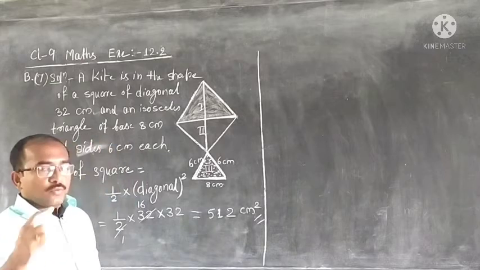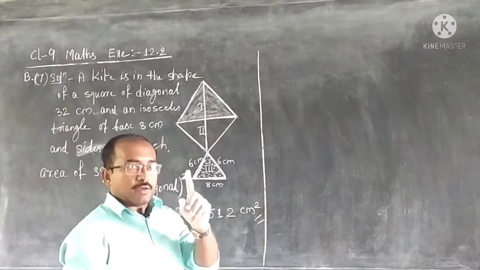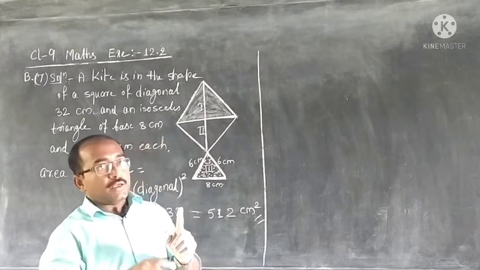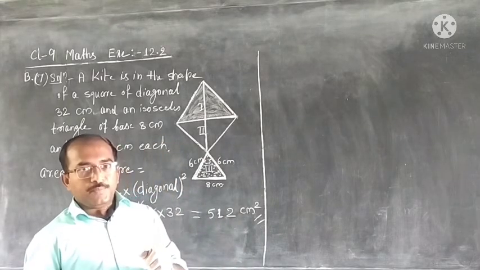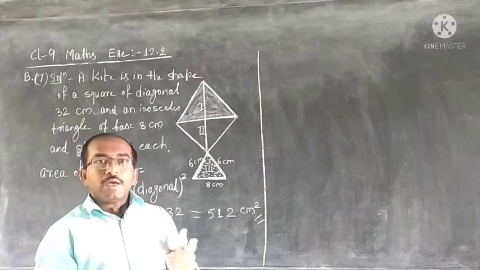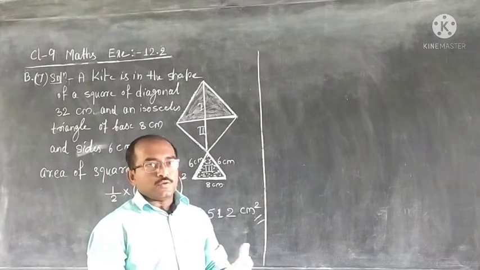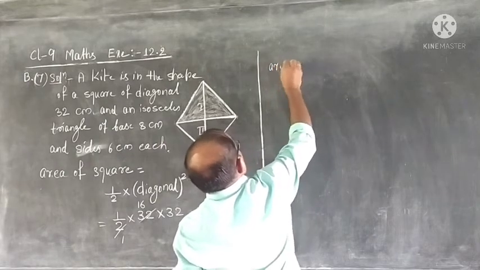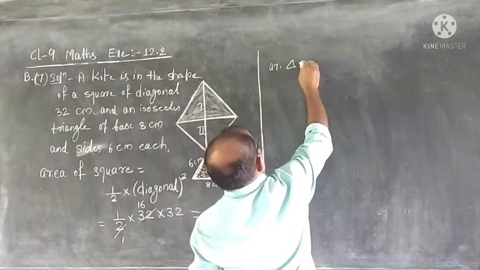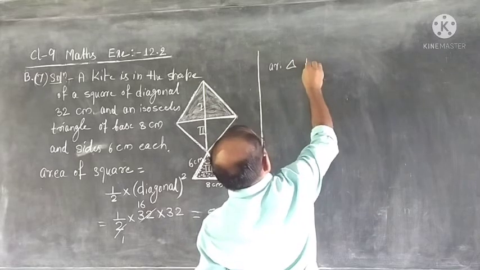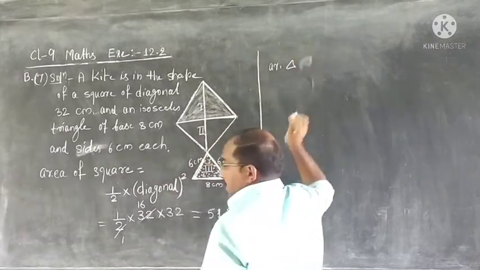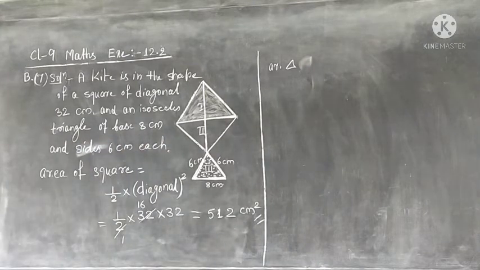Once more, one diagonal of a square divides the square into 2 congruent triangles, that means exactly equal triangles. So, their areas will be equal. So, we can write the area of triangle 1. Okay, we will write area of triangle in full words.